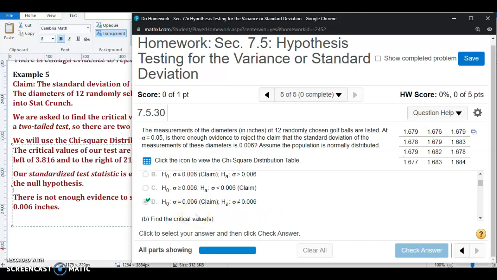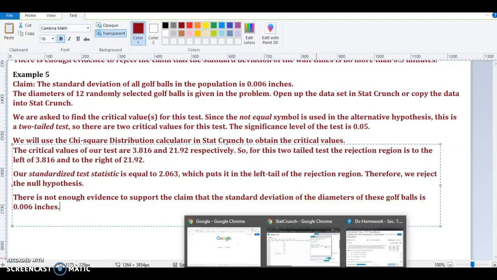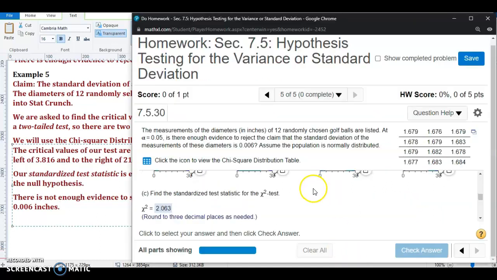According to our test here, we are rejecting the null hypothesis, so we are rejecting that claim. In other words, there is not enough evidence to support the claim that the standard deviation of the diameter of these golf balls is 0.006 inches. So we're going to select our answer based on that conclusion.